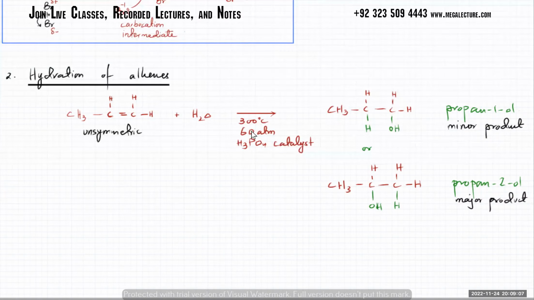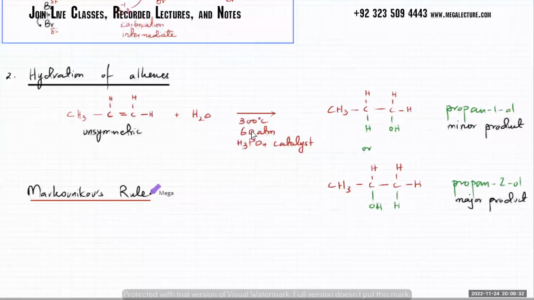The rule for identifying minor and major products is known as Markovnikov's rule. The name is not that important. It determines which one is the major and which one is the minor.